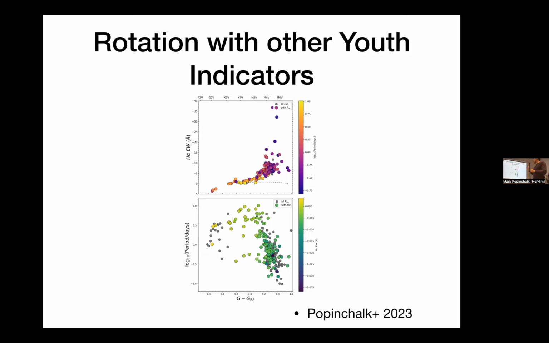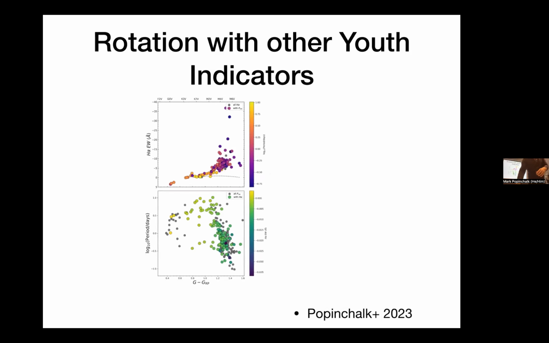I wanted to show off which points didn't have the opposite indication of youth. So the gray points in the logarithm of the rotation period are missing H alpha, while the gray points in the H alpha plot are missing rotation periods.